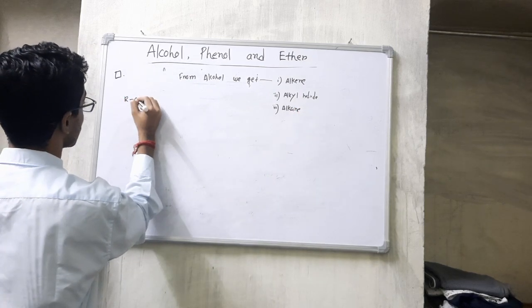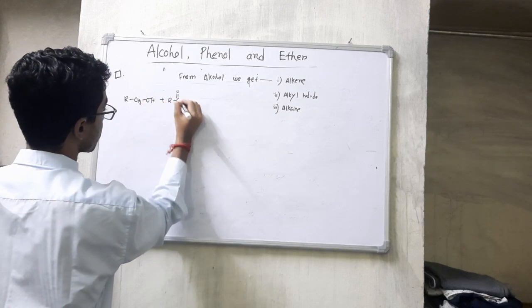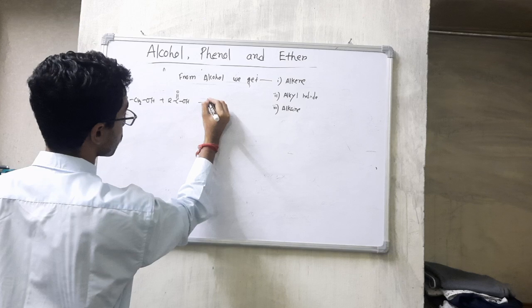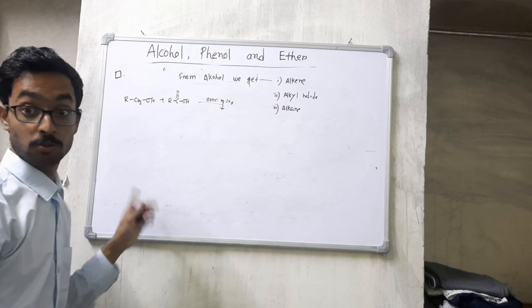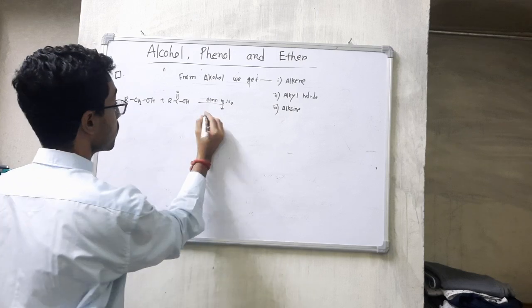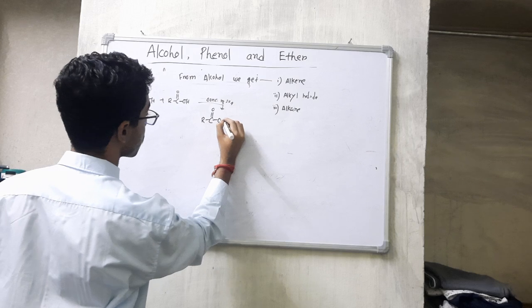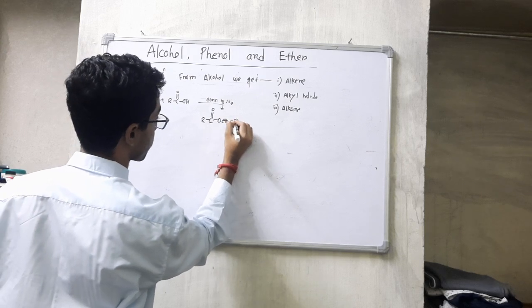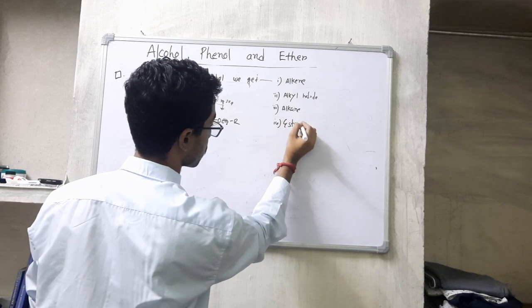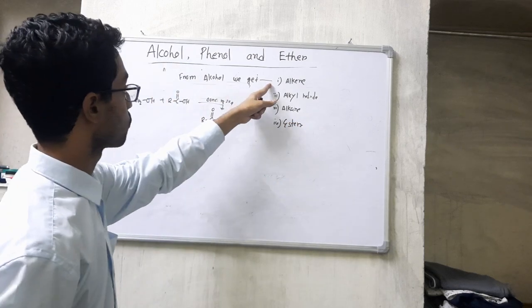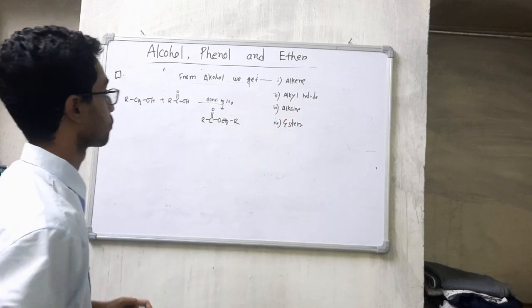If alcohol is treated with acid in the presence of concentrated H2SO4, then ester is also formed, RCH2O-CH2R. So from alcohol we get alkene, alkyl halide, ester, so many molecules.